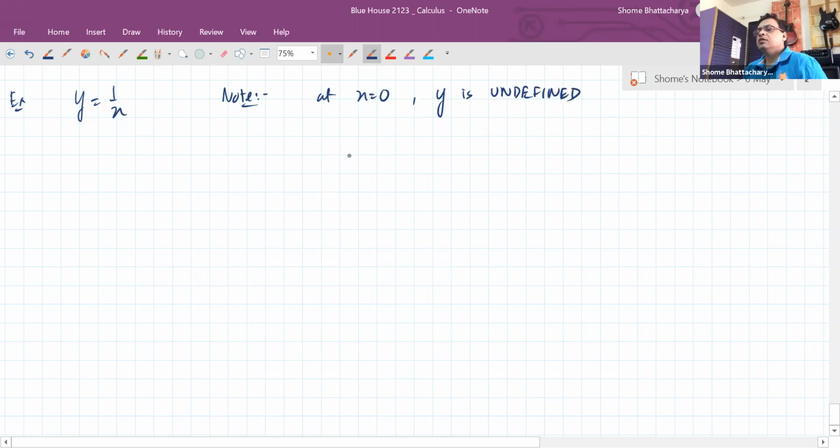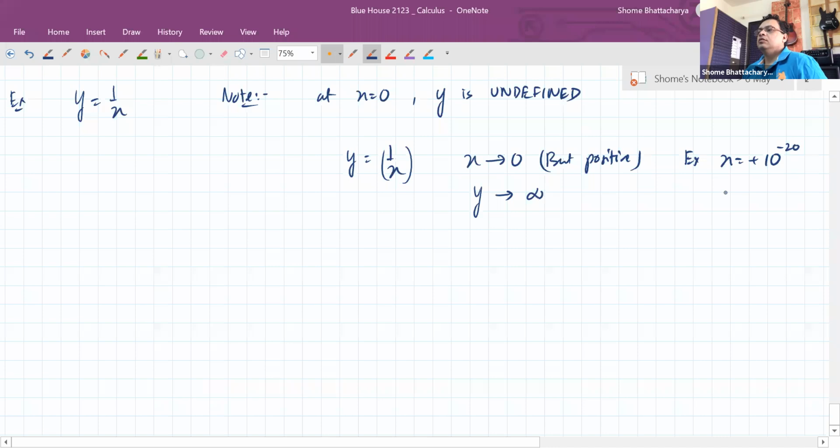But if I take y is equal to 1 by x, where x is tending to 0, but positive. Okay. So for example, x is positive 10 raised to the power minus 20. So what does y become? Y tends to infinity. Y becomes 10 raised to the power 20, which is a very large number.